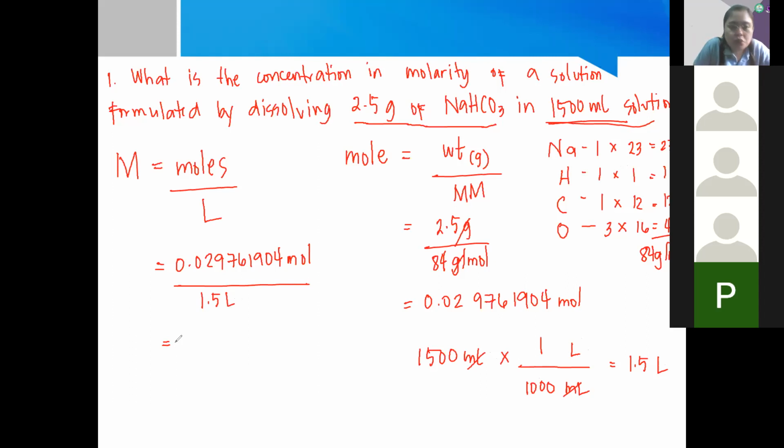So 0.029761904 mole divided by 1.5. Let's round it off to 2 decimal places. The answer is 0.02 mole per liter, or you can simply write this as 0.02 and then capital letter M. Pwede mo din idugtong yung name ng solution.